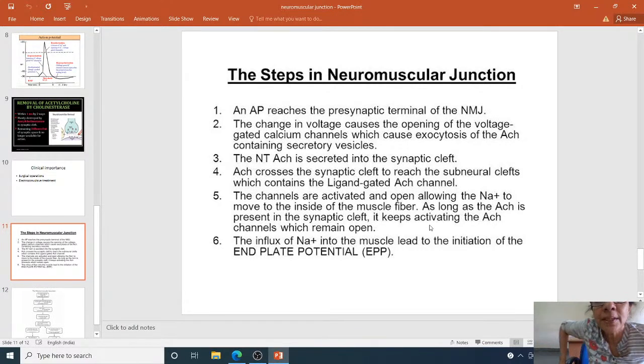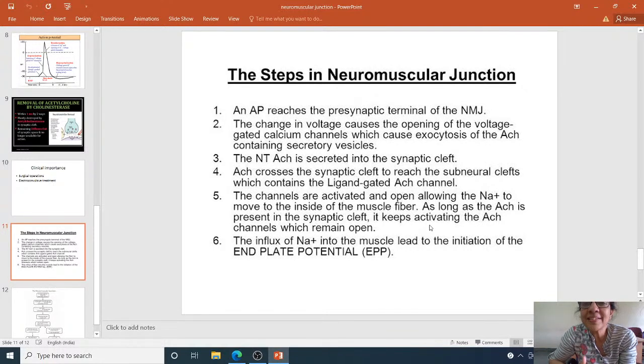Just see what the steps in the neuromuscular junction are. First, an action potential reaches the presynaptic terminal of the neuromuscular junction. The change in voltage causes the opening of the voltage-gated calcium channels, which causes exocytosis of the ACH-containing secretory vesicles. The neurotransmitter ACH is secreted into the synaptic cleft.